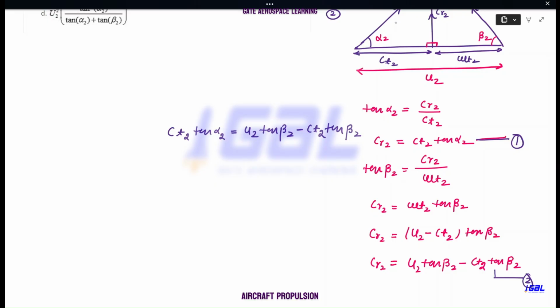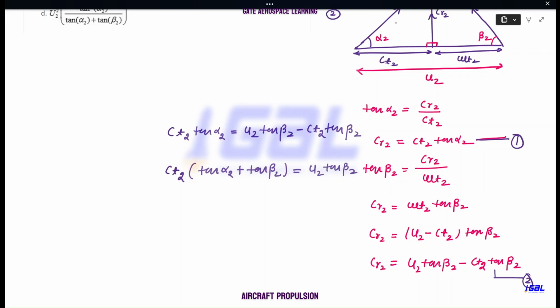Now I'll take this term to the left hand side and take CT2 common. So CT2 you take common, tan alpha 2 plus tan beta 2, and the right hand side will remain as it is.